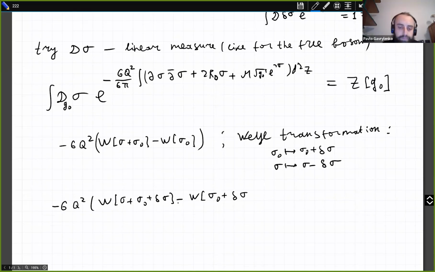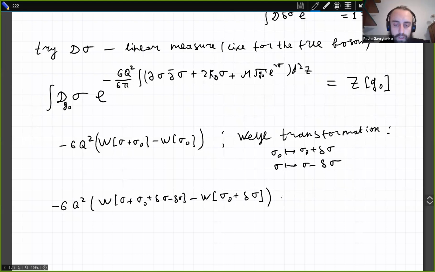So this transformation looks like minus delta sigma. This cancels, and minus w of sigma zero plus delta sigma.